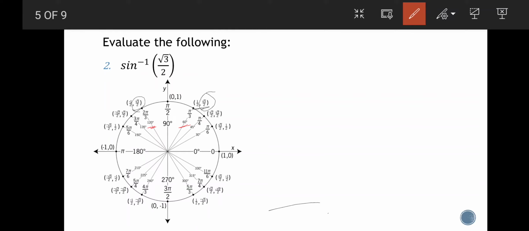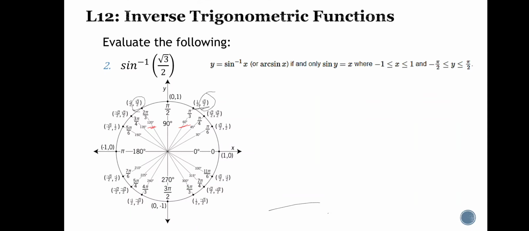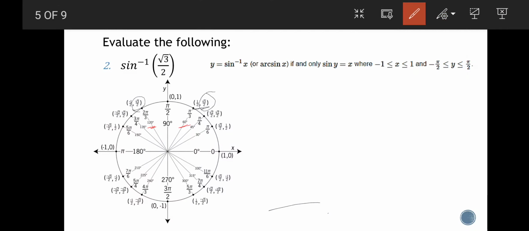Take note again that arcsine should only be from negative pi over 2 to positive pi over 2.